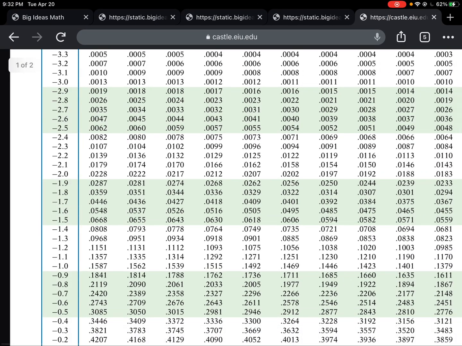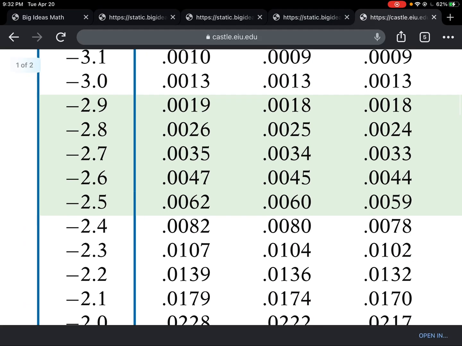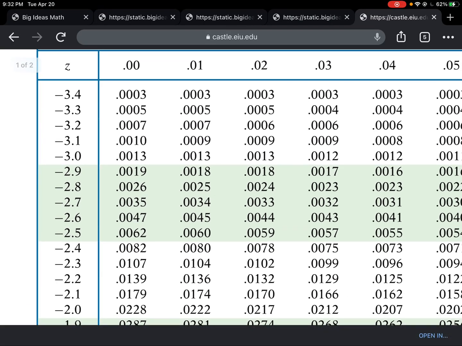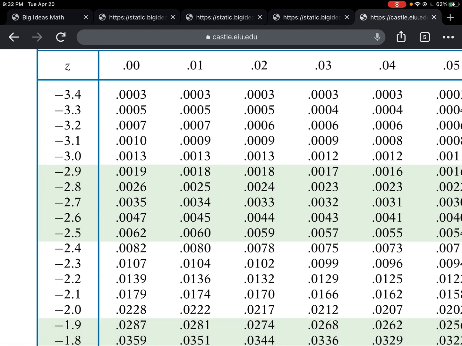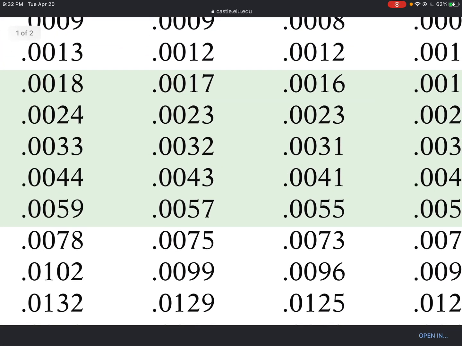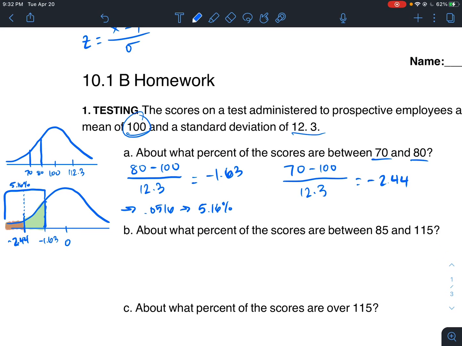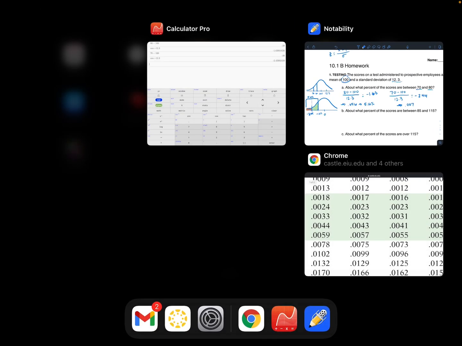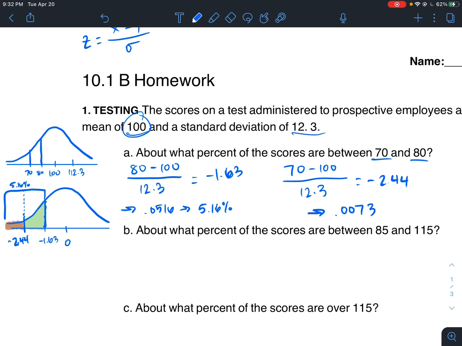So negative 2.4 is right here, and then go over to 4. So that is 0.0073. So the area is 0.0073, or in other words, as a percentage, that's going to be 0.73%. So not much, right?